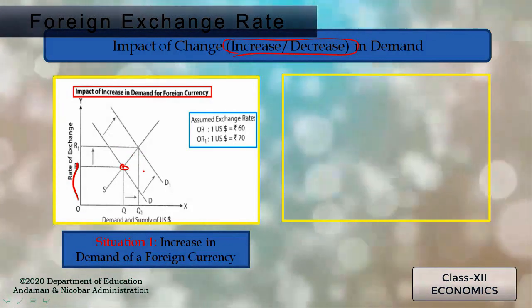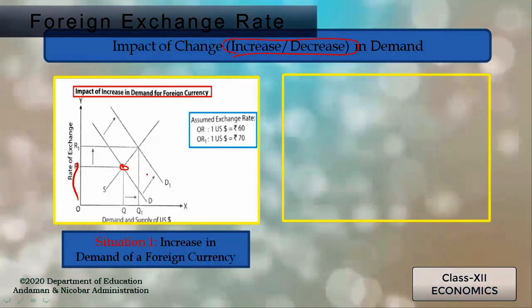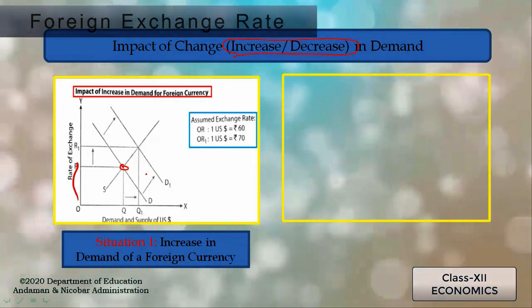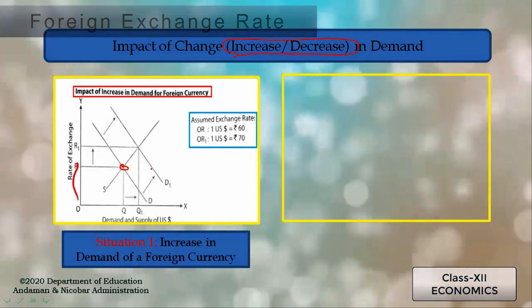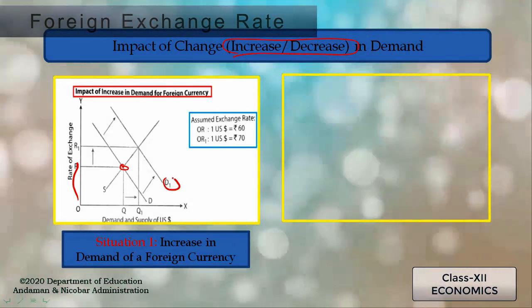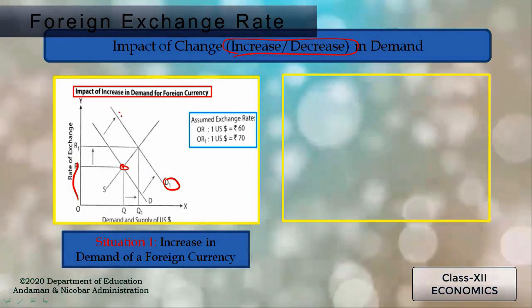When the demand increases, we know that the demand curve moves upward. So it shifts rightward. So it shifted from D to D1, so this is the new curve.